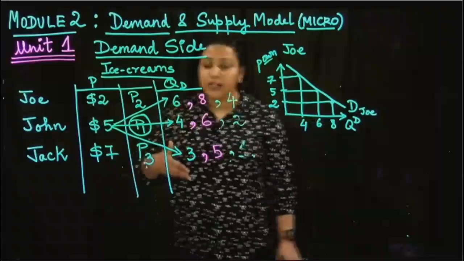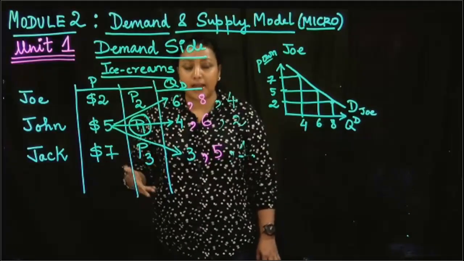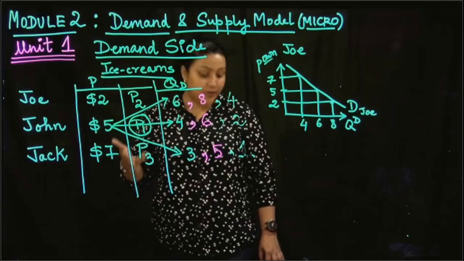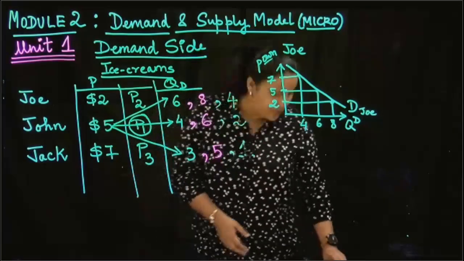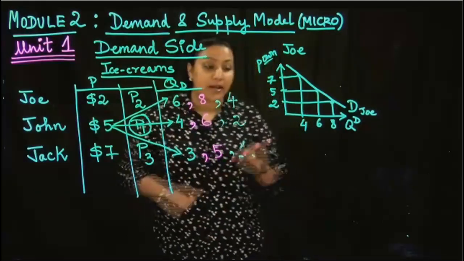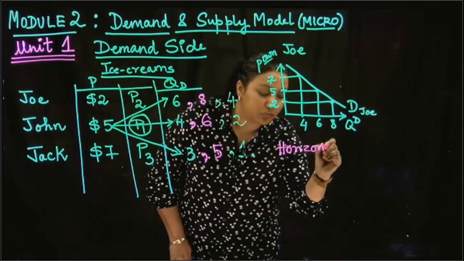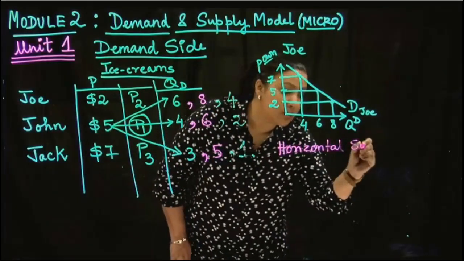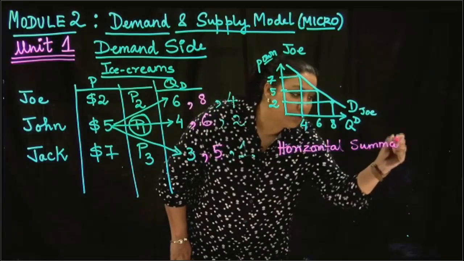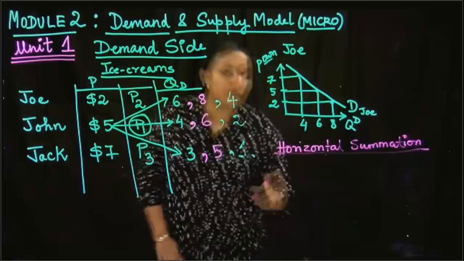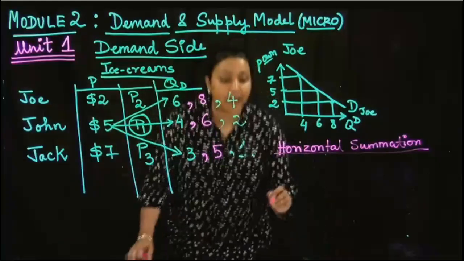But what I am really interested in is to get the market demand curve. How do I get the market demand curve? The market demand curve is obtained by horizontal summation of individual demand curves or individual quantity demanded. Now how do I get that?